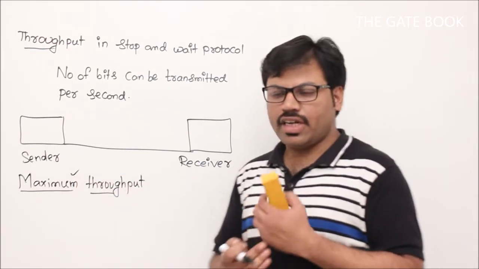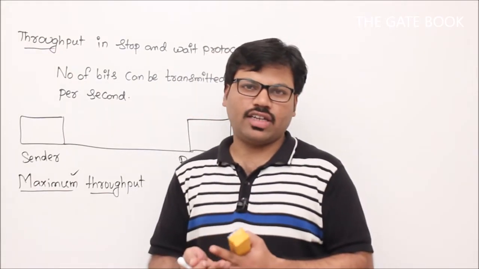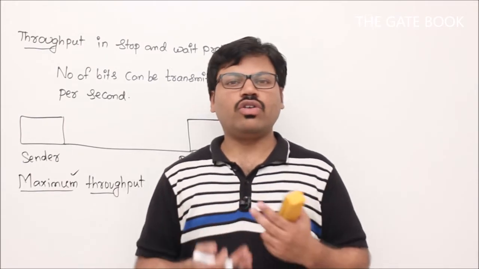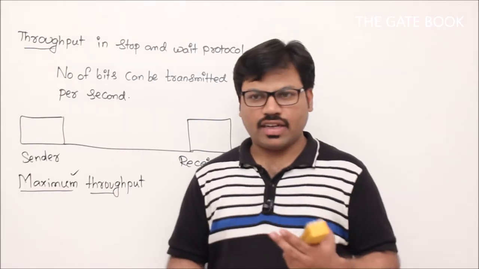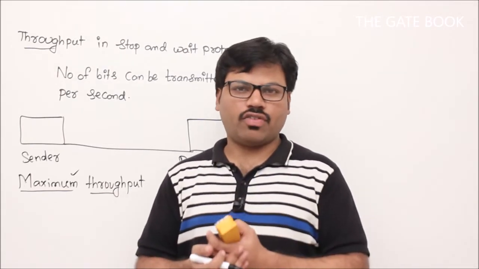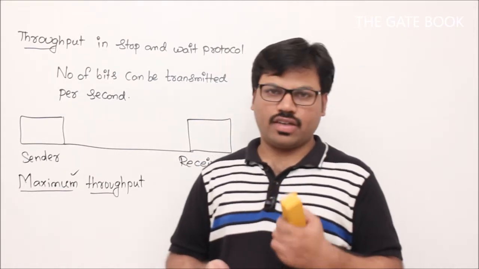So it is very difficult to calculate actual throughput. Why? Because in actual throughput calculation we have to see how many times we are sending the packet, because we have to consider errors also in the calculation. Whenever I consider errors in the calculation, then the problem will become very difficult. Why? I don't know how many errors I am going to get, which packet is going to get error, isn't it?